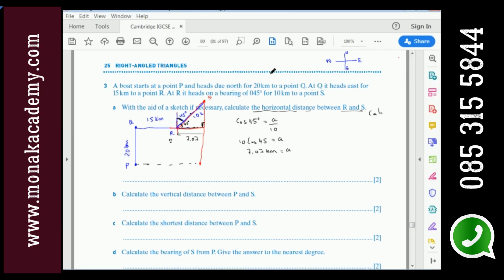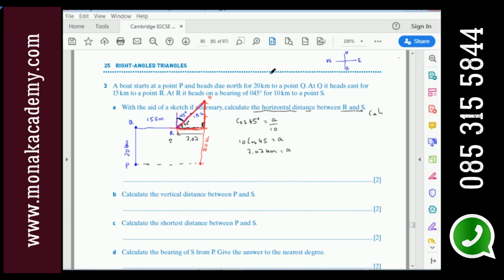You agree? Do we know from here to there? It's the same as this one, which is 20, right? So what we need is only this part, isn't it? This one. And that line is part of this triangle, is it not? Are they not together? Yeah.